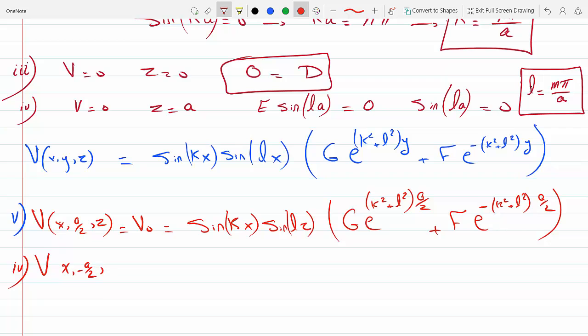Likewise the sixth boundary condition at minus a over 2. Wait, let's see here if we could solve for, because I only have two unknowns in this equation, so I can solve for one in terms of the other. If we do that, let me see.